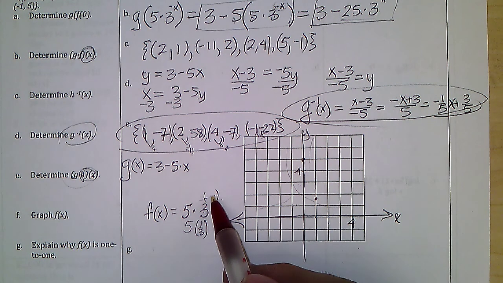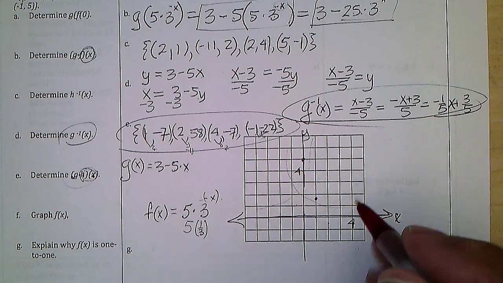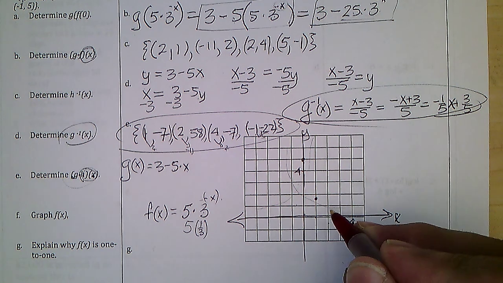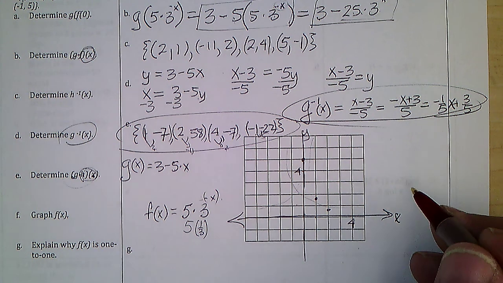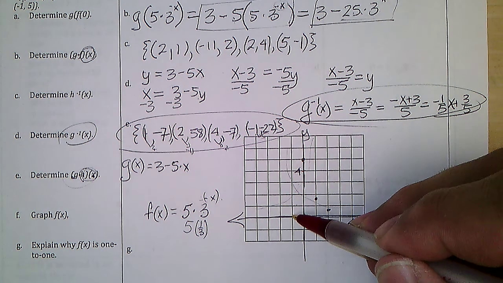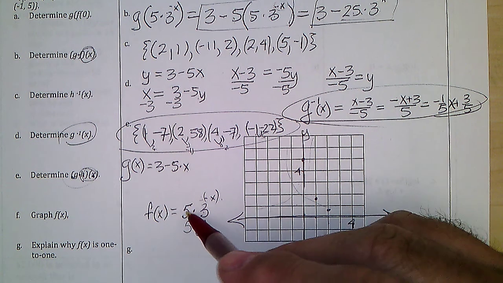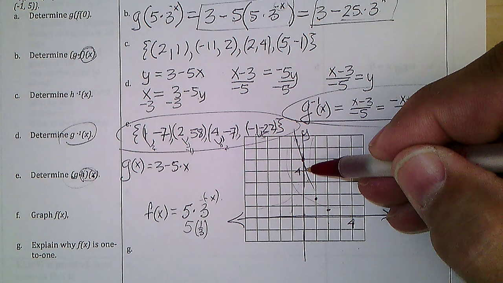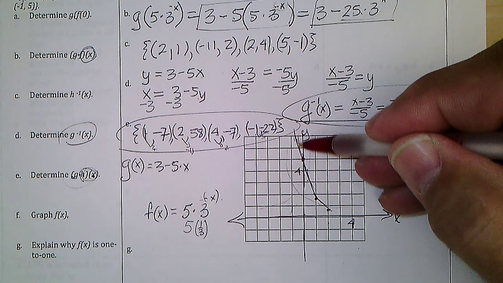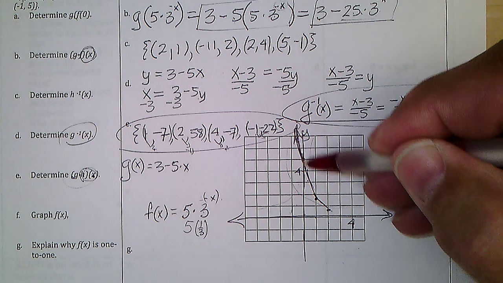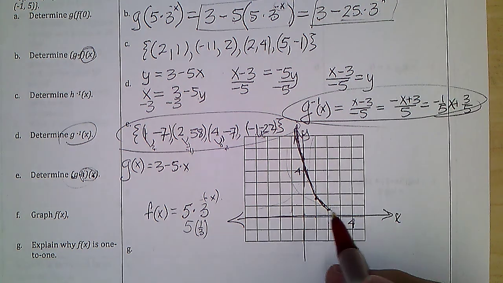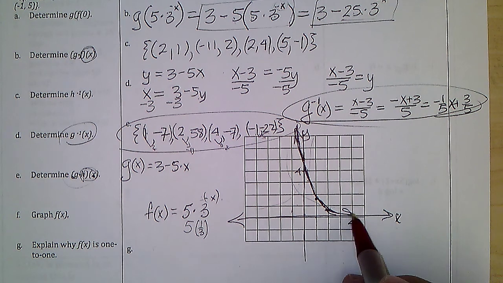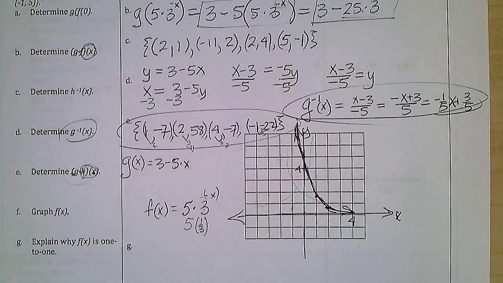If I put in 2, I get 1/9, so 5 times 1/9 is 5/9, or 0.55, a little more than a half. If I put in minus 1, I get 3 to the 1, which is 3 times 5 is 15. So that's way up there, and it's coming down, and then it gets closer and closer to the x-axis.